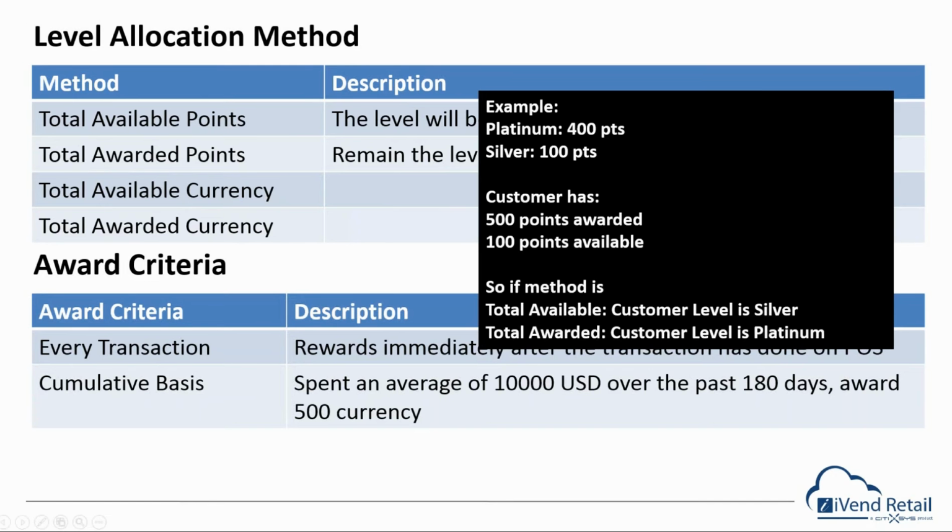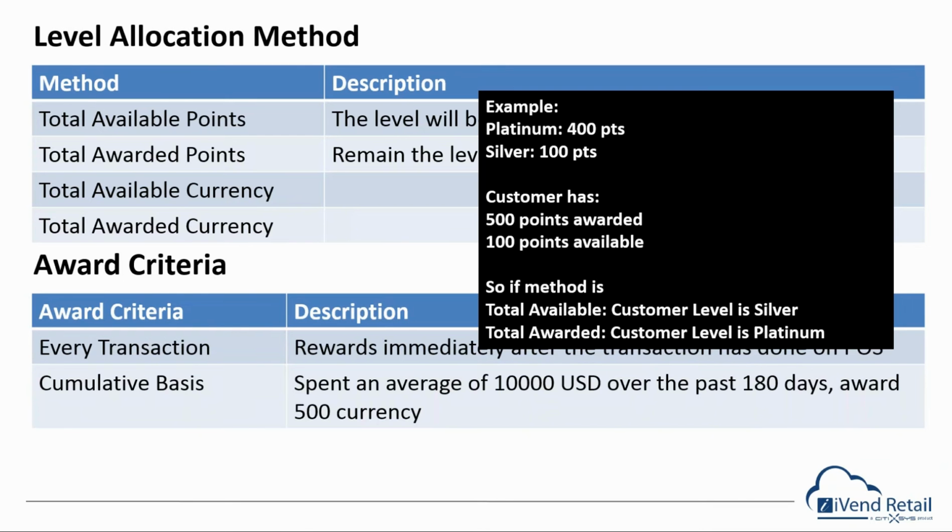for example, if our platinum level over here is 400 points and our silver level is 100 points, let's say the customer has been awarded 500 points over the time that they have been with us. However, they've spent some of those points and they only have 100 points available. Going by the two methods that are available, with the total available method, the customer level is now silver, whereas with the total awarded method, the customer level is now platinum.